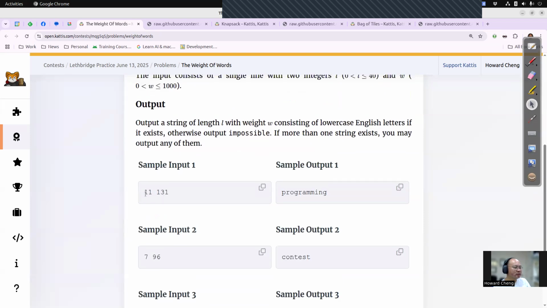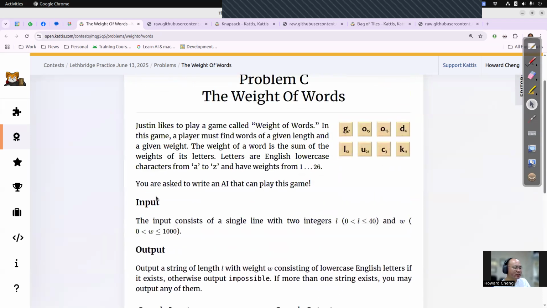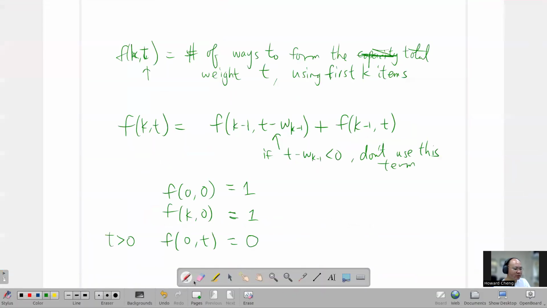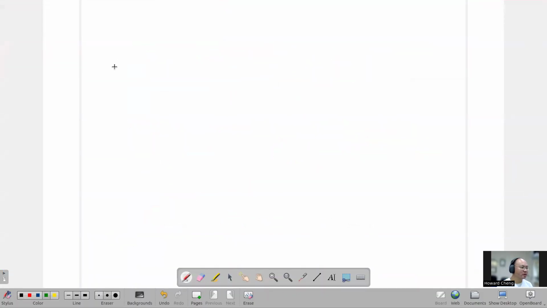Okay? So here, basically, we have 26 types. You can say that the knapsack has capacity 40, I guess. So, okay, let's backtrack. What is the capacity of the knapsack and what are the items? Okay, so our knapsack here, we're trying to sum up to something.